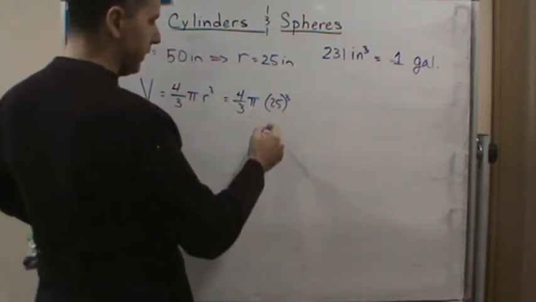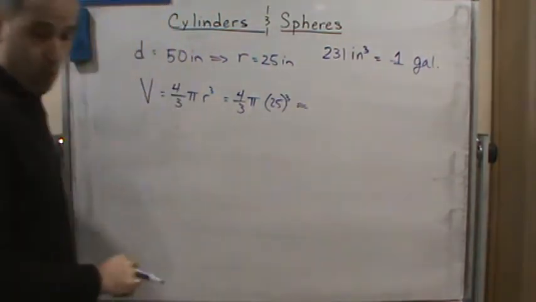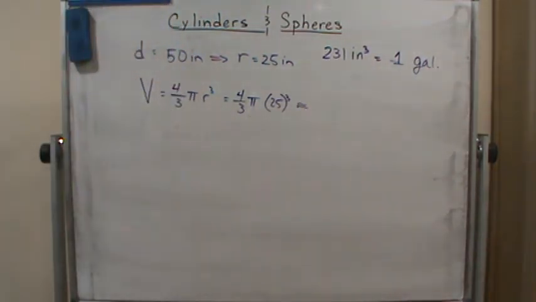So we can just plug this in our calculator, right? And so what do we get? We get approximately 65,449.8 cubic inches.